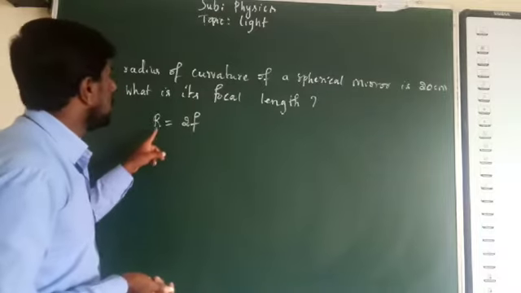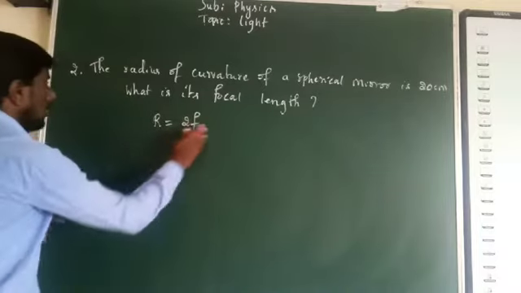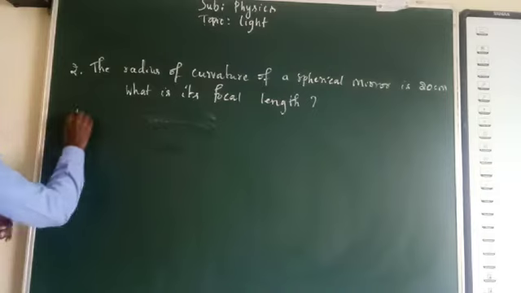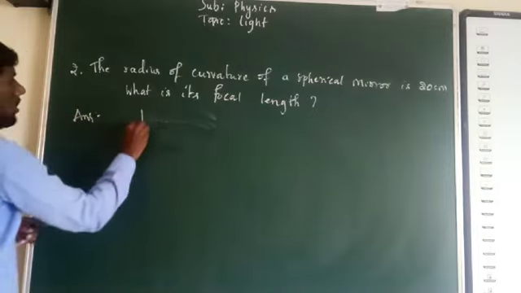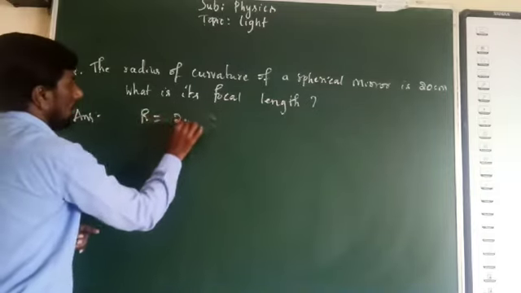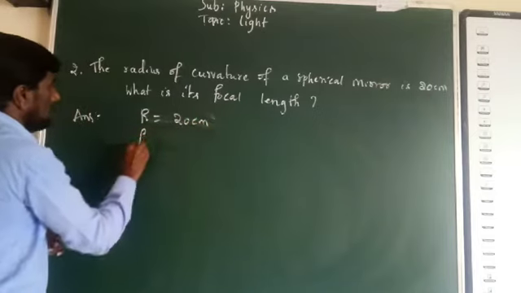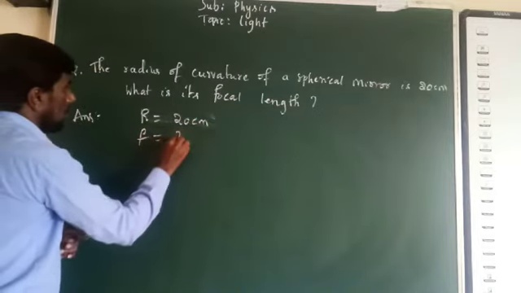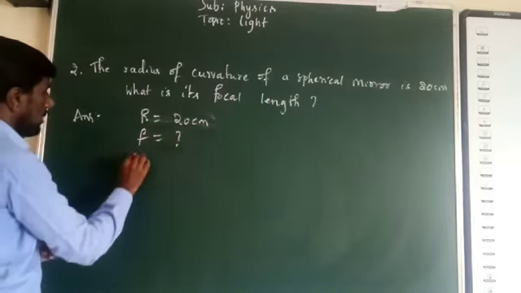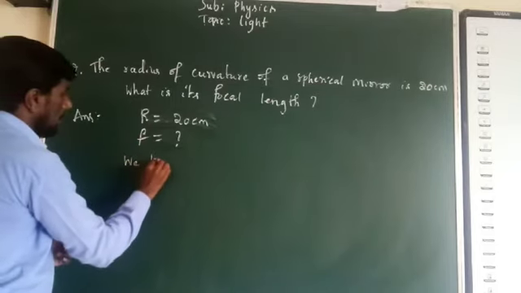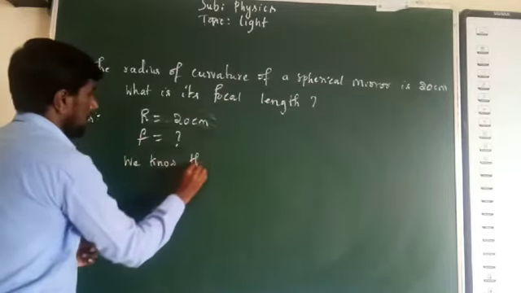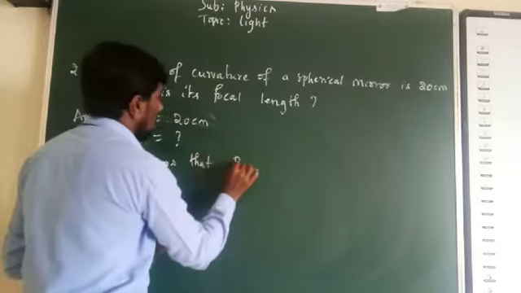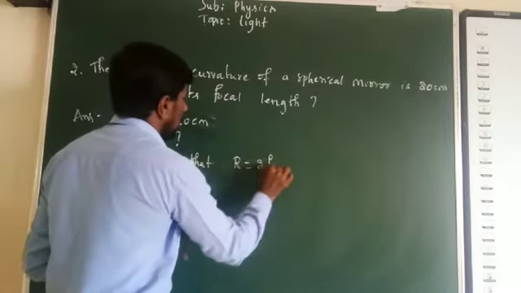Here radius of curvature is given. R is equal to 20 centimeter. F will be question mark. We know that R is equal to 2F.